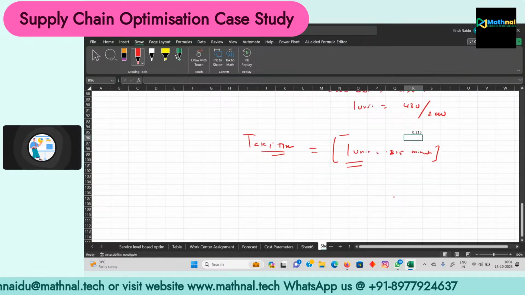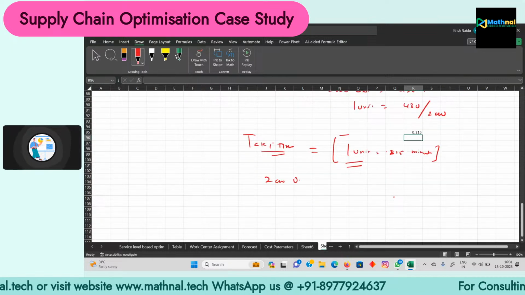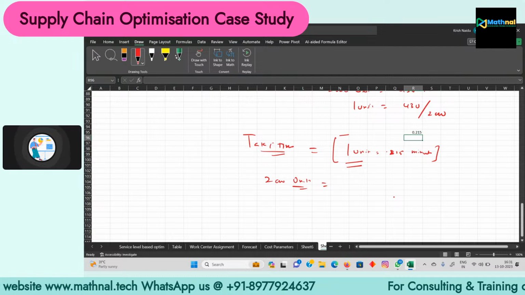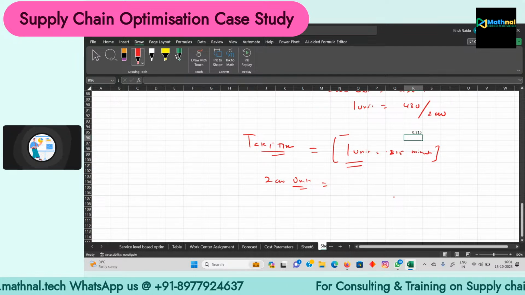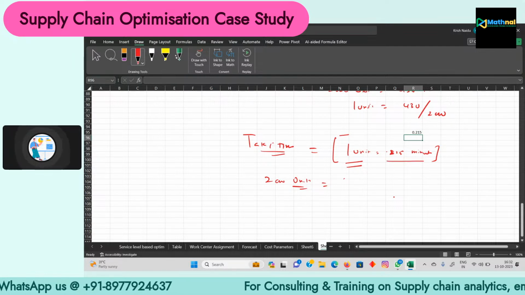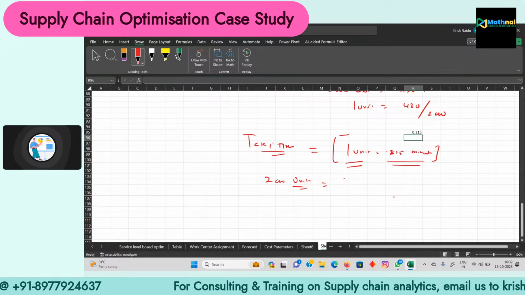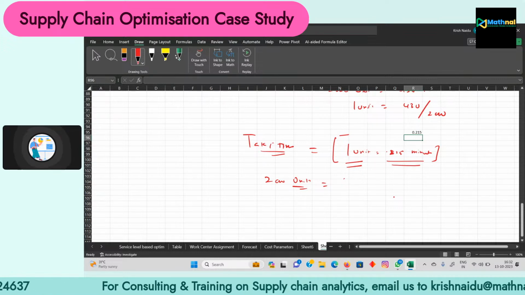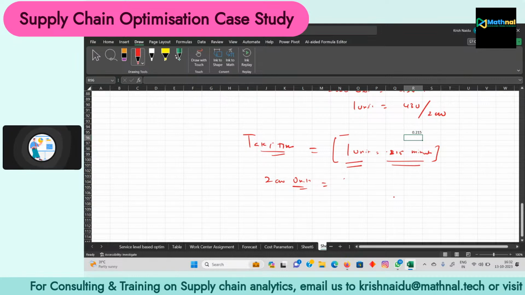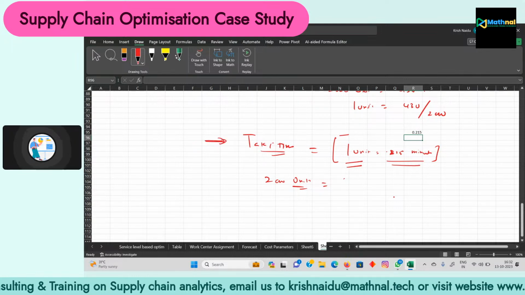If my customers are giving me 2000 units, I need to produce one unit in 0.215 minutes, so that I will be able to deliver the goods to the customer on time. So that is what we need to see.